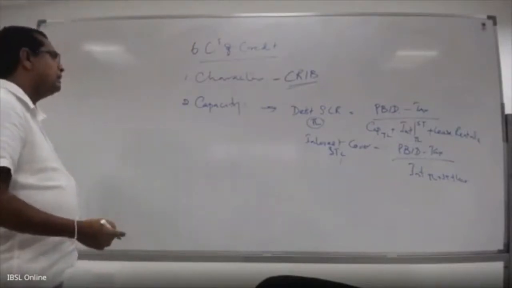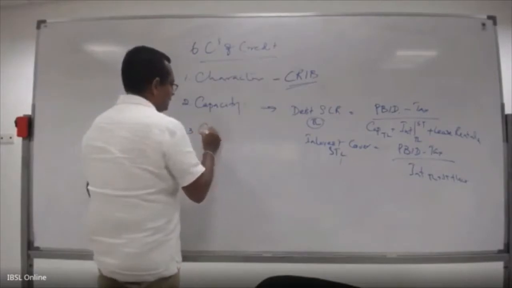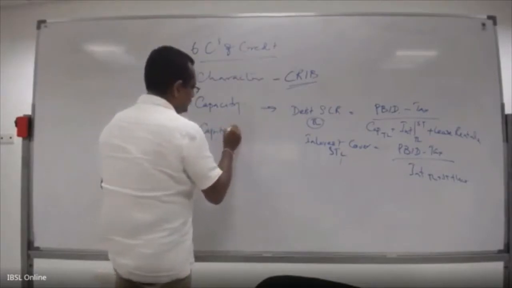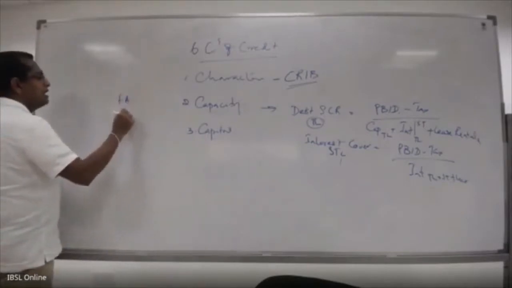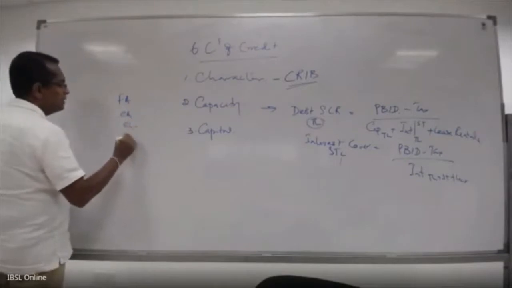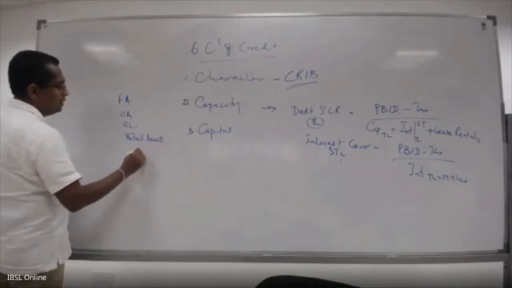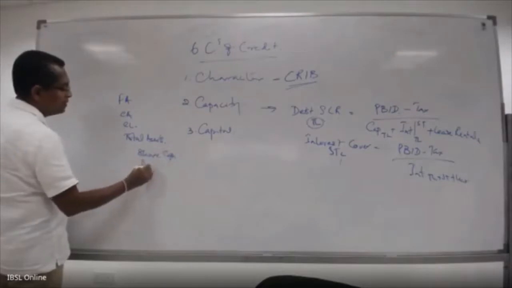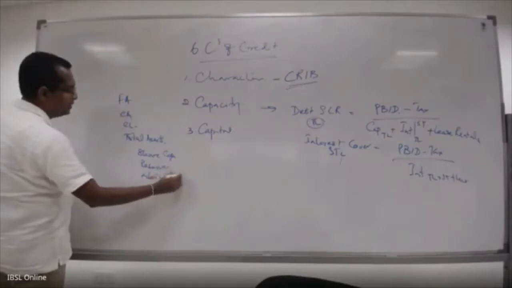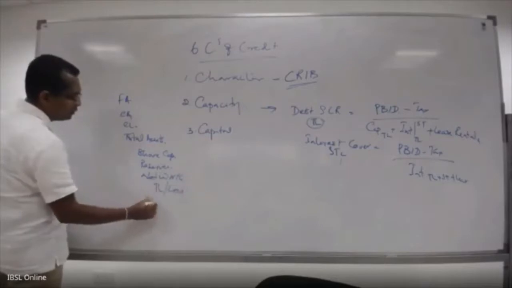Then you have the third one, you have capital, right? That is fixed assets, current liabilities, total assets, share capital, reserves, net worth, term loan leases, total capital.